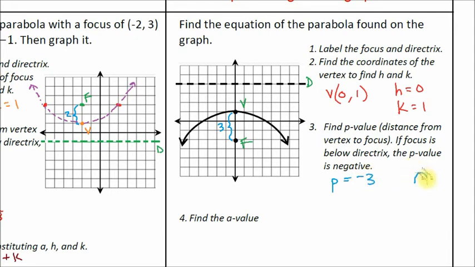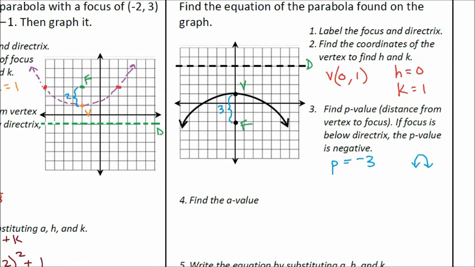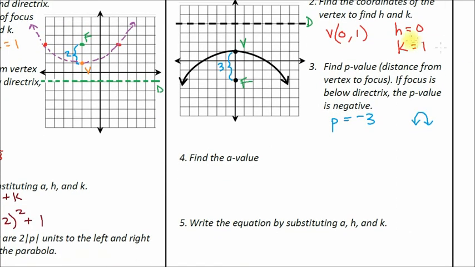And just a little note, it's because our parabola faces down. Okay, and then next part is, we already know h and k, we know p. Now we can actually find the a value. The a value is found with the equation 1/4 times p, which is 1/4 times -3, which is 1/-12. We can put the negative sign out front, -1/12.